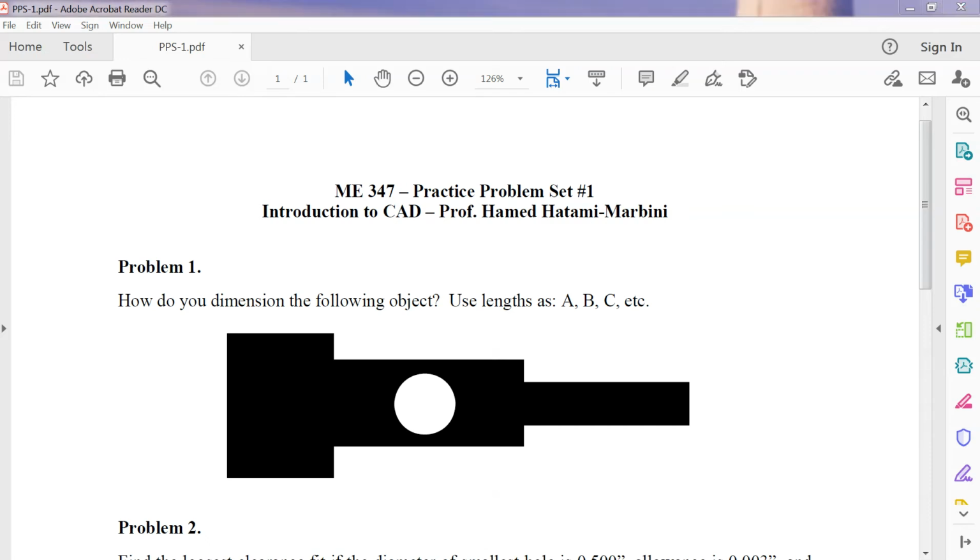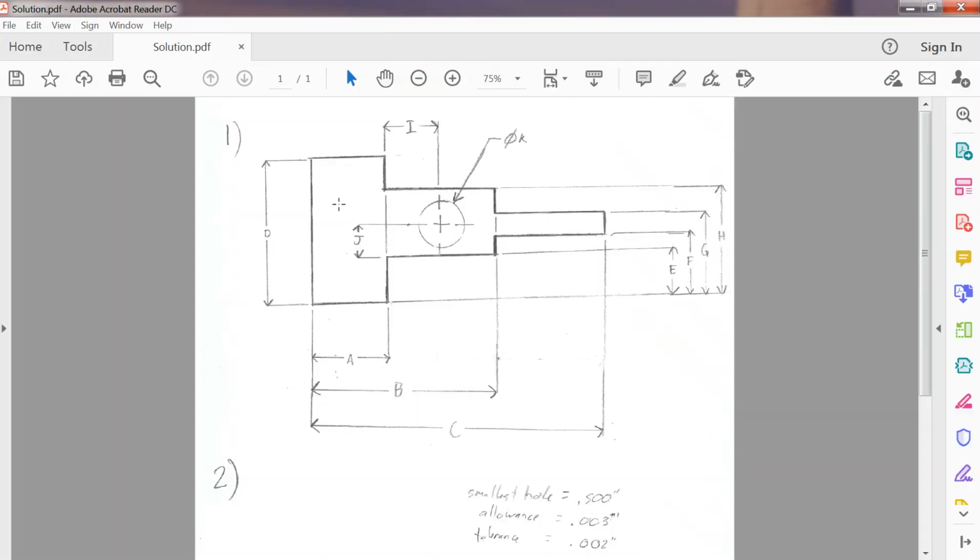To solve this problem, we need to give all the horizontal dimensions, all the required vertical dimensions, and all the dimensions required to fully define the circular hole in the object. So we define them based on two reference points.